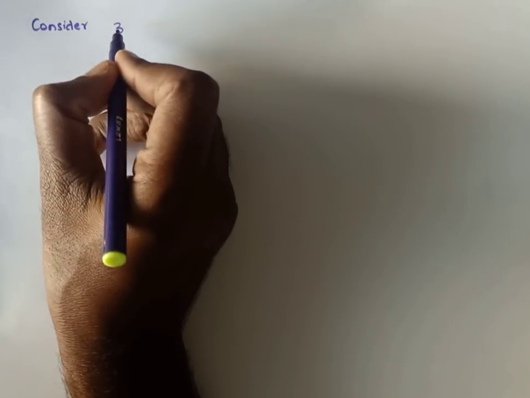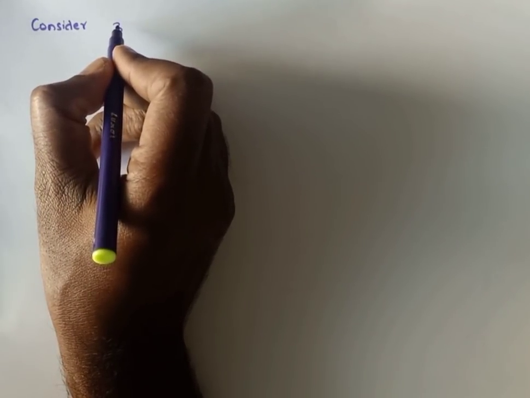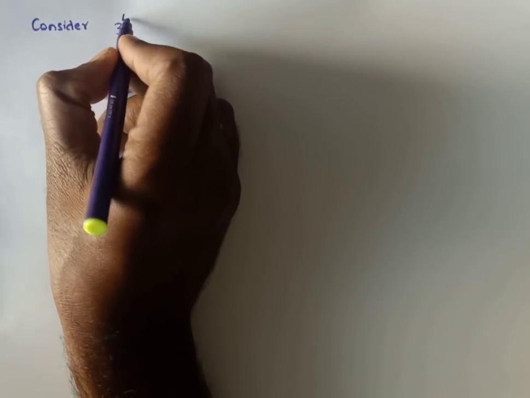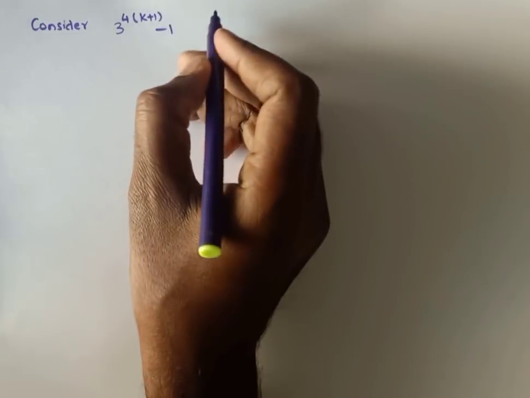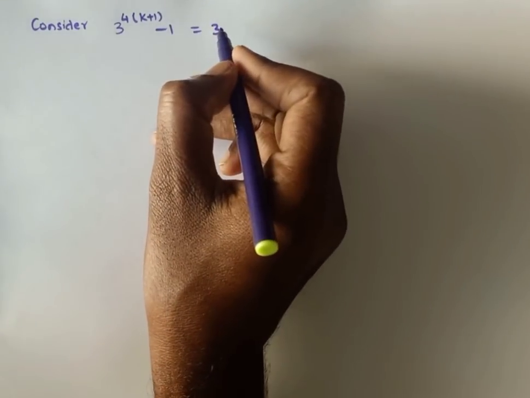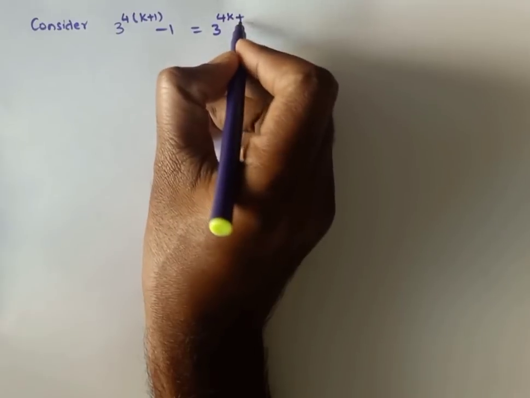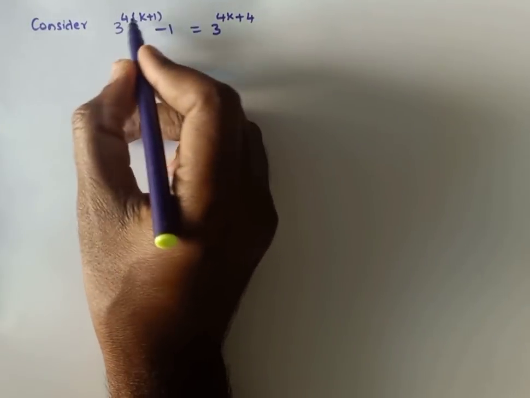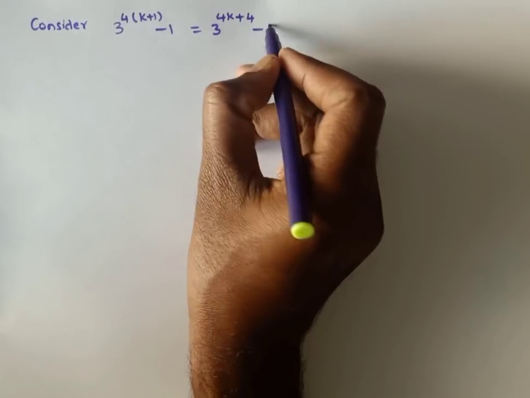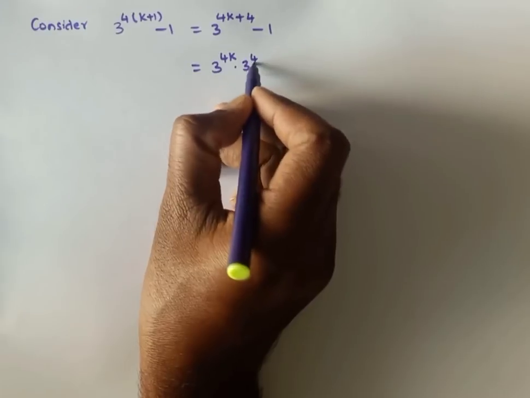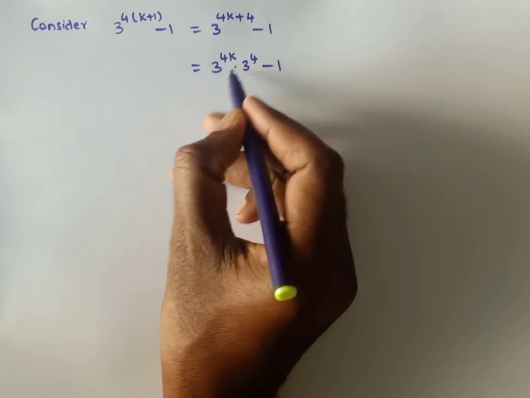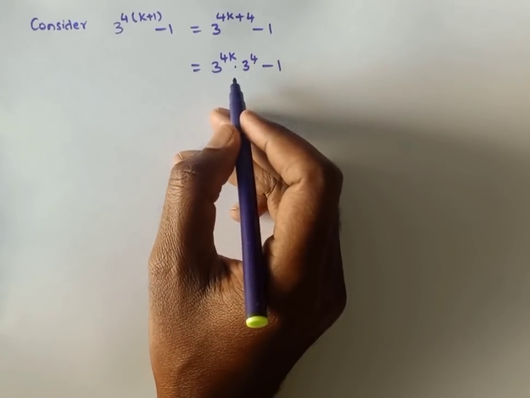So consider 3 to the power of 4k minus 1, as k is replaced with k plus 1. So this is 4 times k plus 1 minus 1. Now this is 3 to the power of 4k plus 4 minus 1. So we can write it as 3 to the power of 4k into 3 to the power of 4, minus 1. Now see, already we have the 3 power 4k value from equation 1.